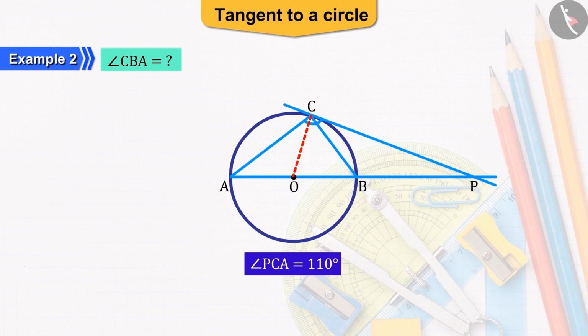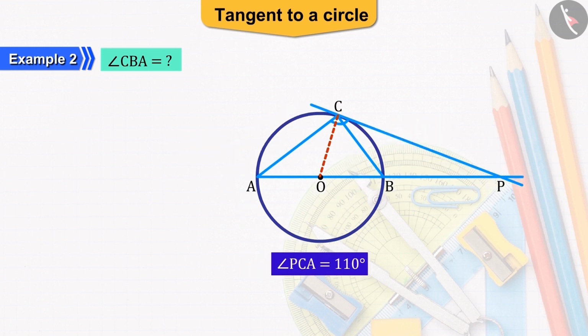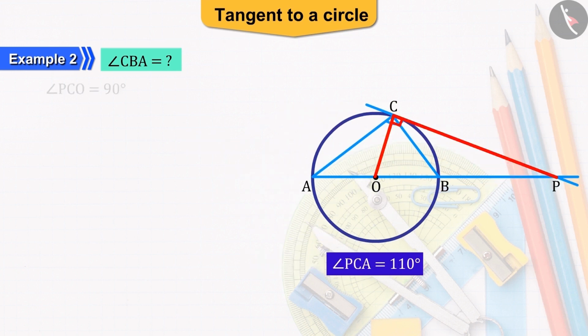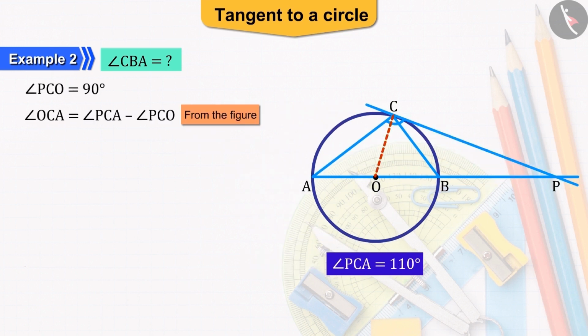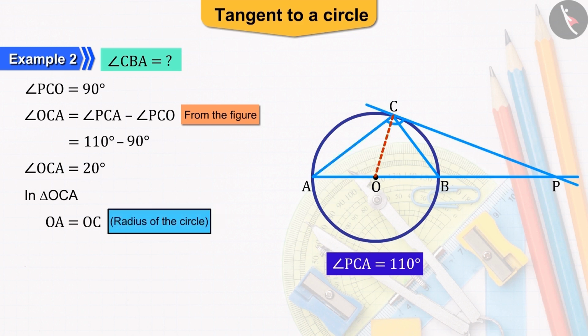Now, you can see here that OC and CP are the radius and tangent of the circle at point C respectively. Thus, angle PCO will be right-angled, with the help of which we can find the value of angle OCA. Now, in triangle OCA, the sides OA and OC are equal being the radii of the circle.